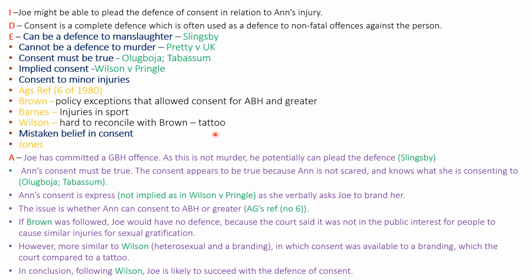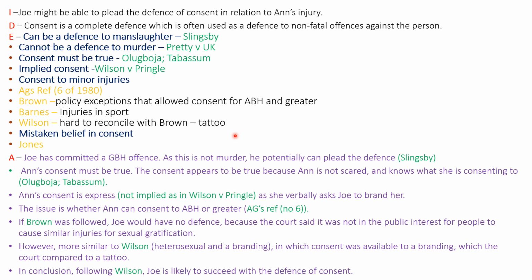And the court said it wasn't for them to intervene in the private matters of a husband and wife, and that consent was valid. Really hard to reconcile that with the case of Brown, other than to say Brown was probably a homophobic decision made by judges that were reluctant to allow consent to be a defence in those circumstances.